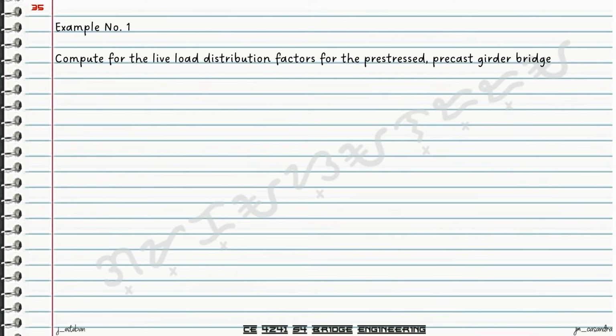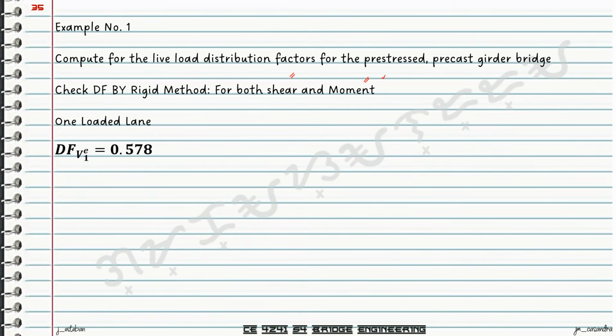So again, since our given bridge has a diaphragm, we again check for the distribution factor for the rigid or bi-rigid method. And we are checking it for both shear and moment. We have checked already for the moment a while ago. So for shear, one lane loaded, we get 0.578.